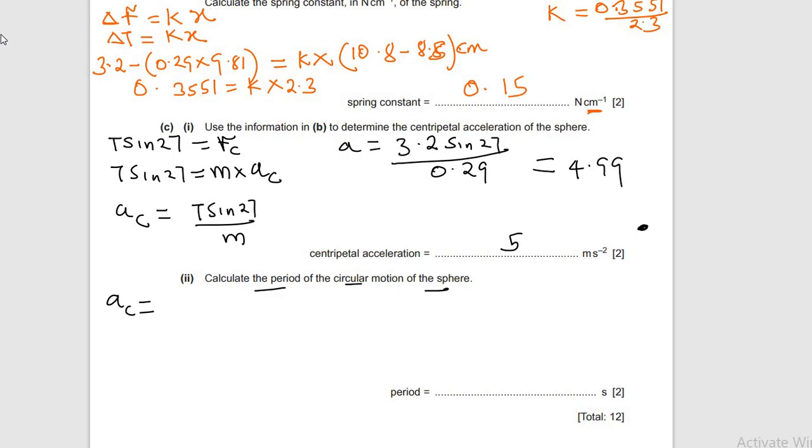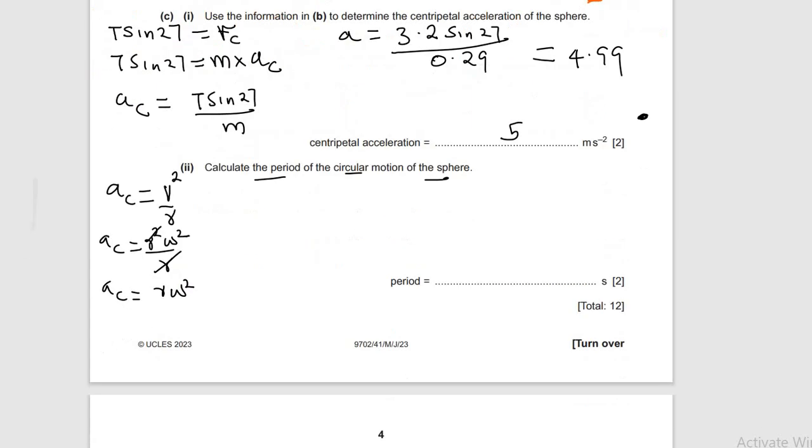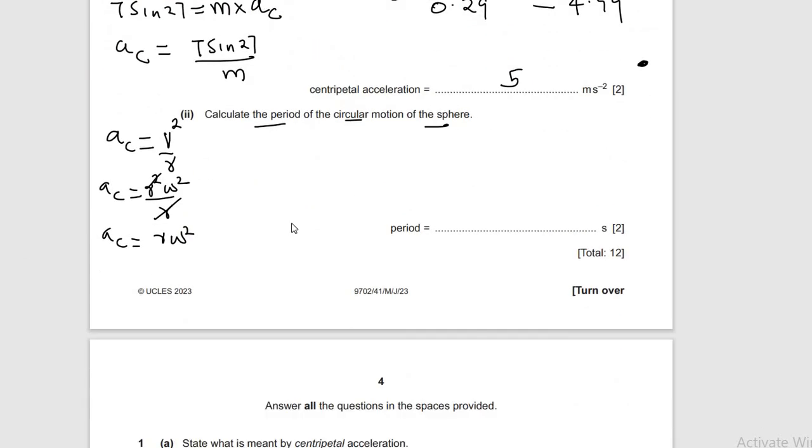Centripetal acceleration is v squared over r, where v is r w, so that will be r squared w squared over r. So centripetal acceleration can be r w squared.